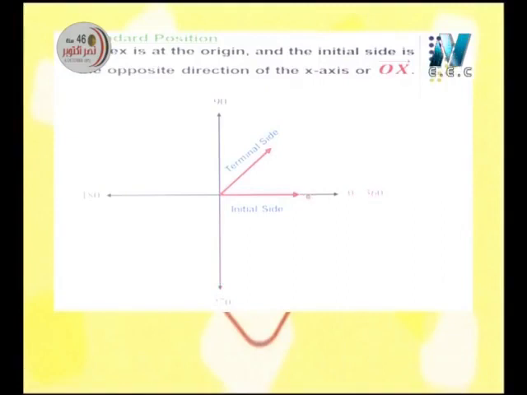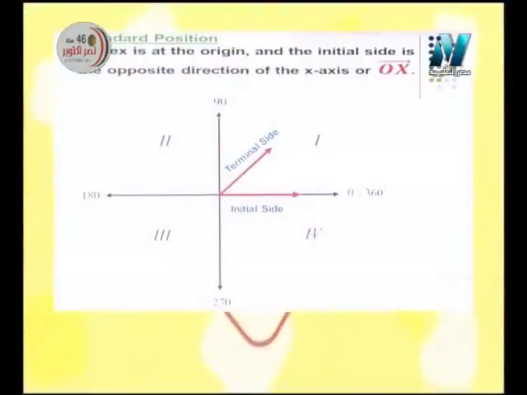So when the angle's vertex is the origin point and its initial side is OX, the positive direction of the x-axis, and its terminal side is anywhere, here or there or anywhere, we call it the standard position of the angle. Okay, let's go to the next slide.